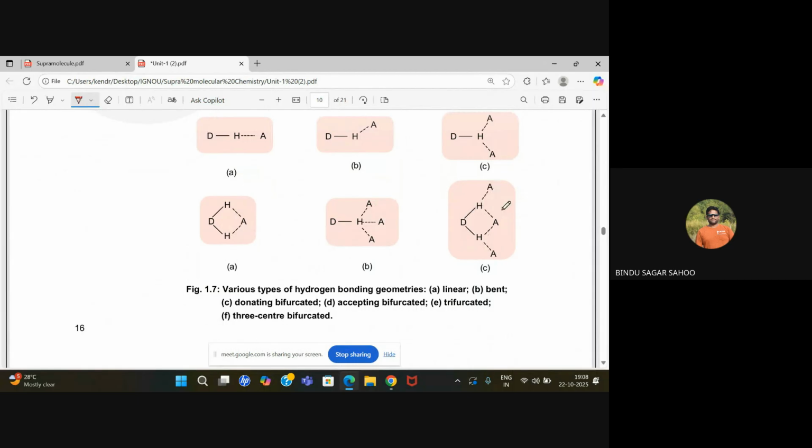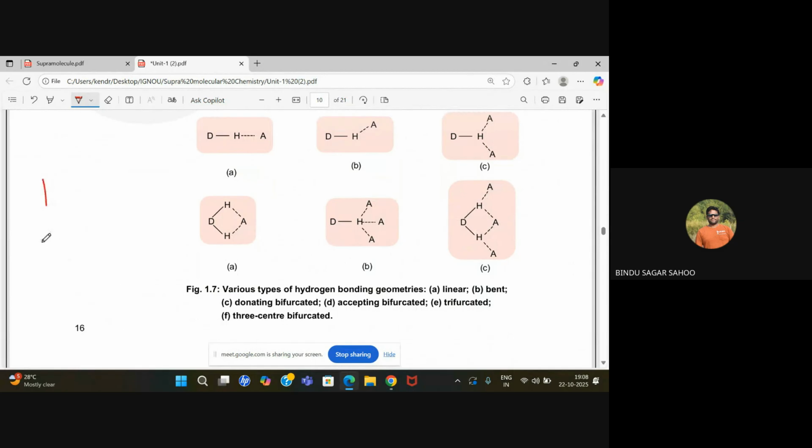It will form a cyclic ring just like that. Three center means this is one center, this is one center, this is one center. One, two, three. This is called three center. Just like B2H6, diborane is the formula.